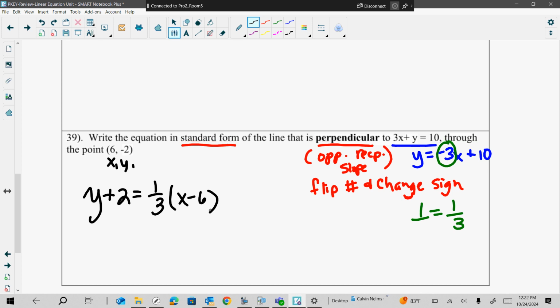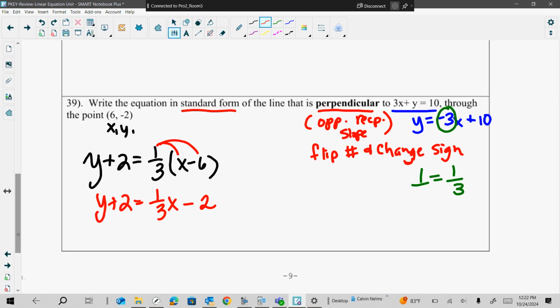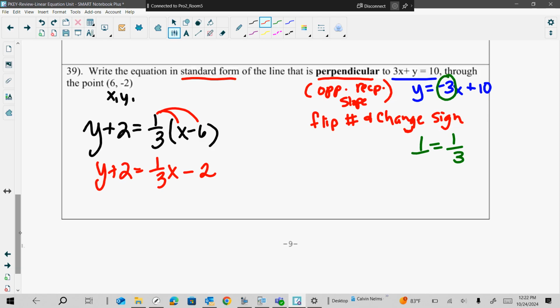They want this equation in standard form, so we're going to need to distribute. Minus 2. Then I'm going to get rid of the fraction 1/3 by multiplying both sides by 3. So 3y plus 6 equals x minus 6.